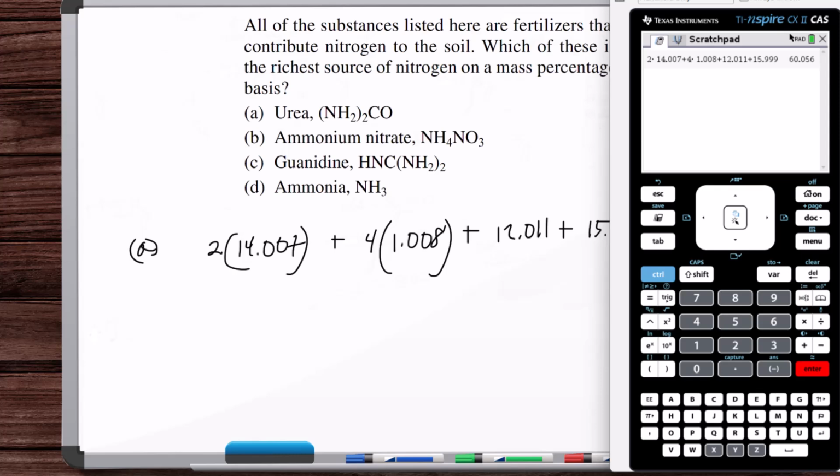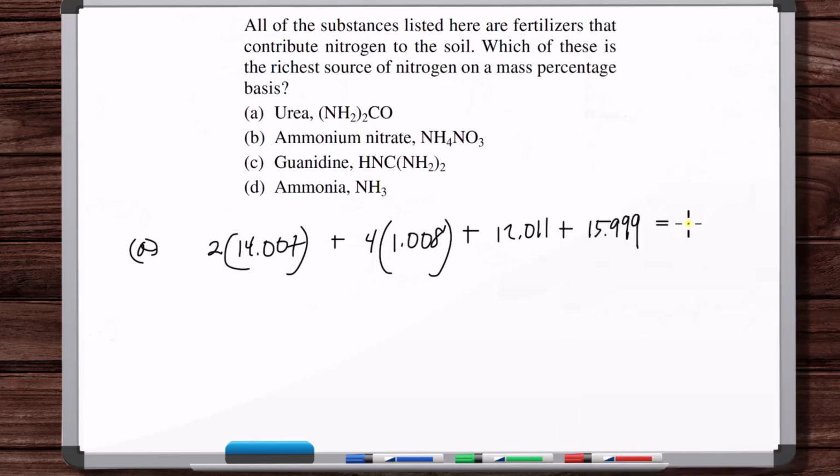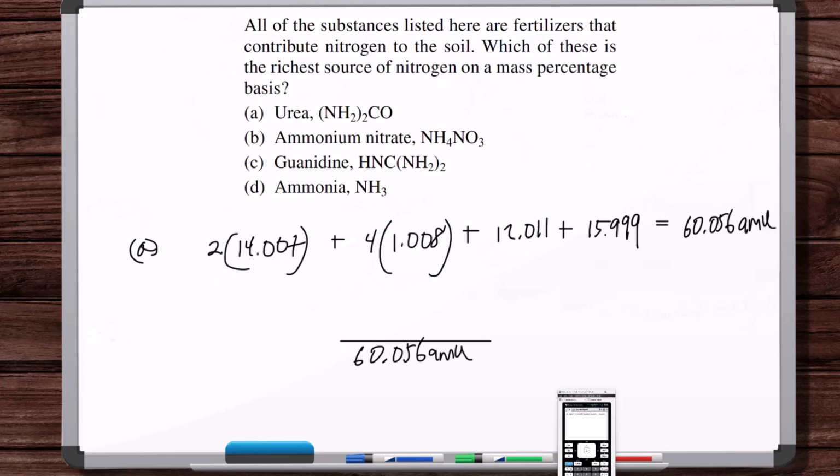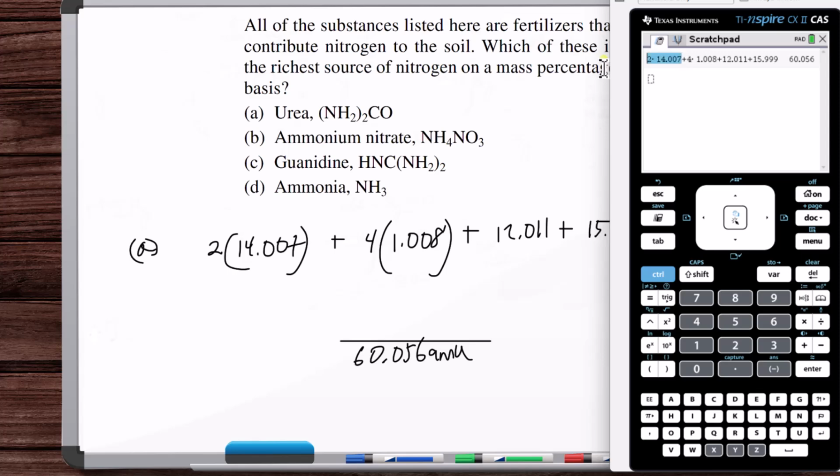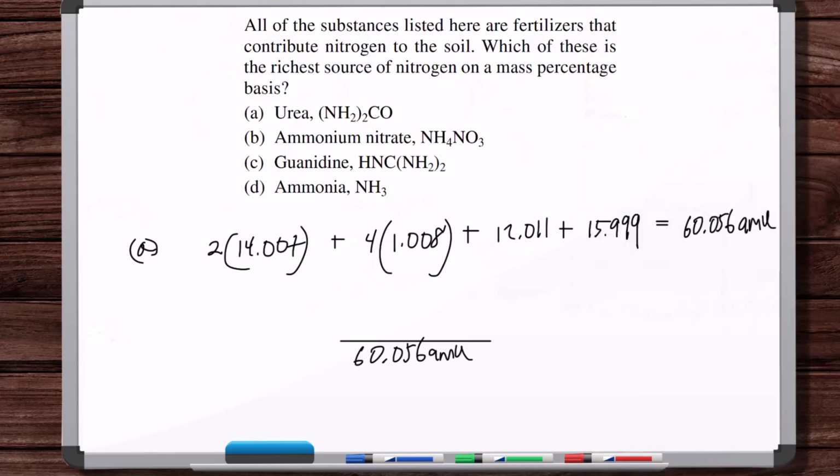So 60.056 AMU is the molecular weight of this compound. Now, what percentage of that weight is nitrogen? So all we do is we say, okay, 60.056 AMU, and then we've got 2 nitrogen atoms, so that's 28.014.